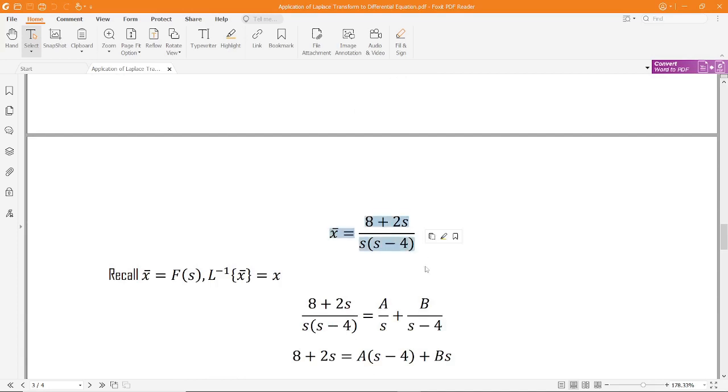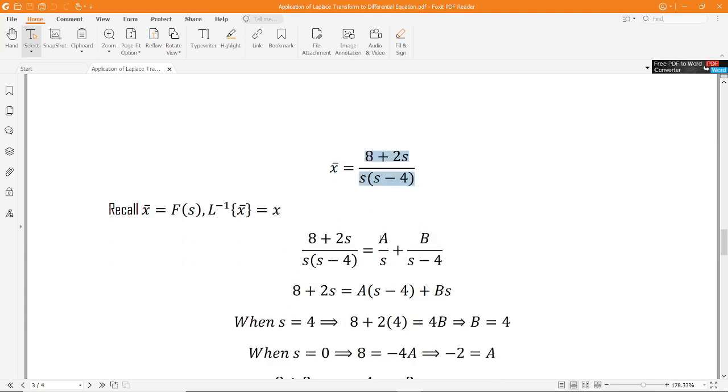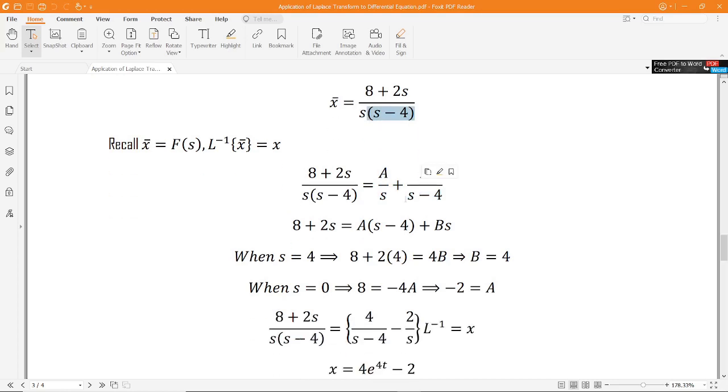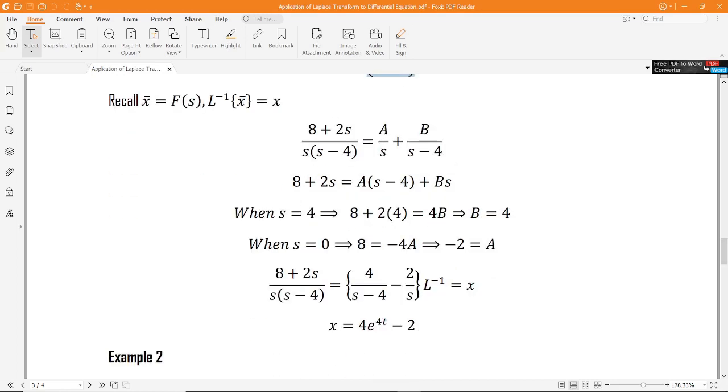So what is left is to find the inverse, because finding the inverse of x bar will give us x, which is our solution. So we're going to find the inverse of this right-hand side, using the same analogy of inverse that we talked about before, which is the partial fraction. We have two denominators here, s and s minus 4. So a over s plus b over s minus 4.